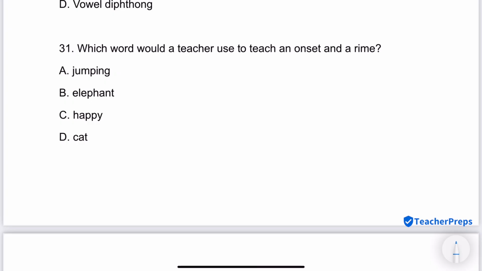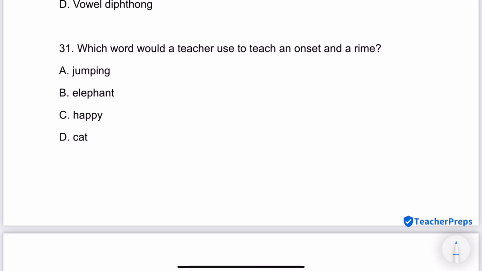This one asks, which word would a teacher use to teach an onset and a rime? Onset and rime is a way to break down single syllable words. The onset is the consonant sound or sounds before the vowel.